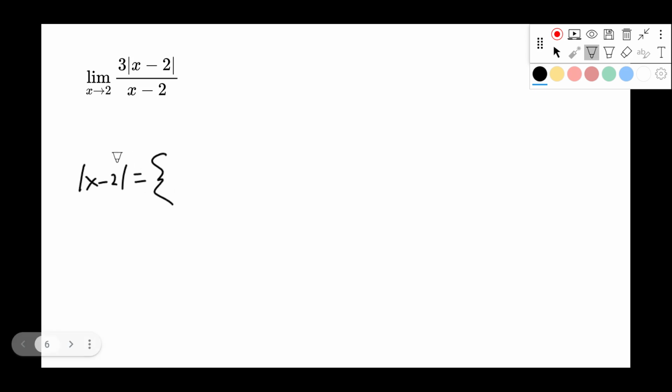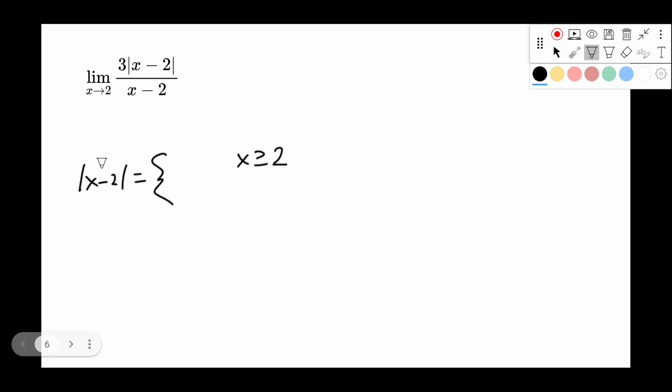Now, we have to be a little bit careful. Remember, we're trying to figure out when this thing is positive, when the bars don't do anything to it, versus when the bars do something to it. So if you have x minus 2, well, if x is a number that's greater than or equal to 2, think about that.